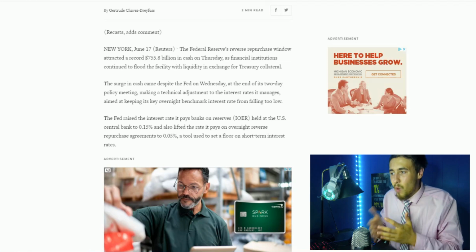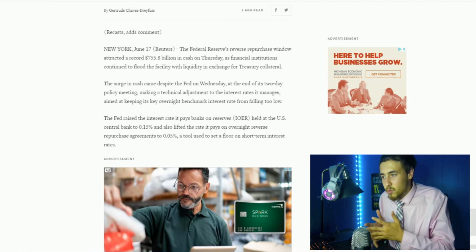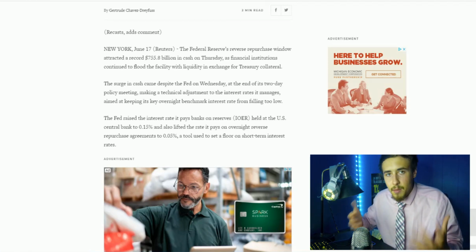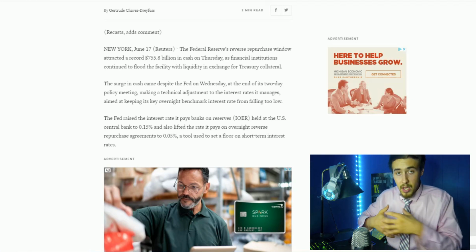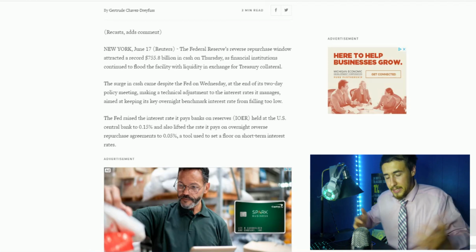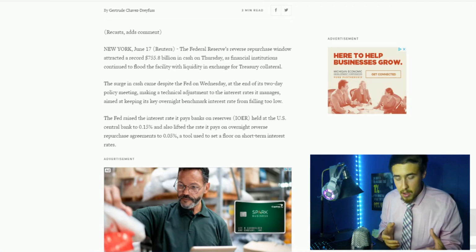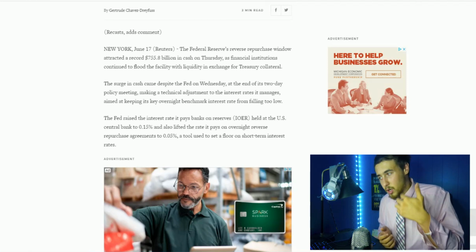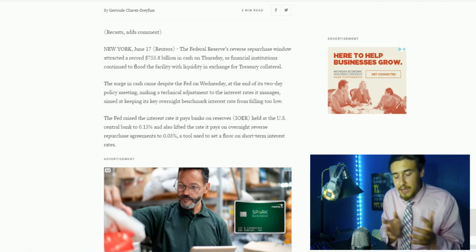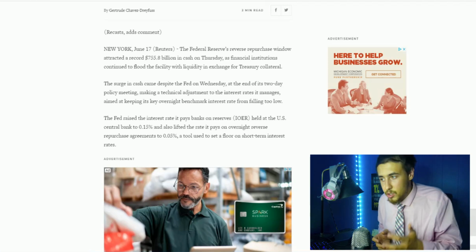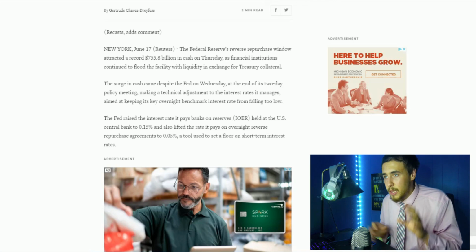So the reason why the Fed raised this repurchase rate to 0.05% from 0.01% is to restrict some of the money that the banks are going to be able to use and lend out. But I think the more logical reason here is the collateral part that we just talked about, either too much cash or too much collateral. I think it really has to do with the collateral and all these banks giving out loans to over-leveraged hedge funds and institutions. I think that is what is really going on here.